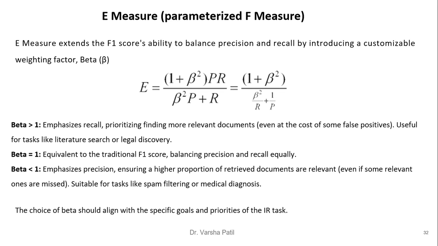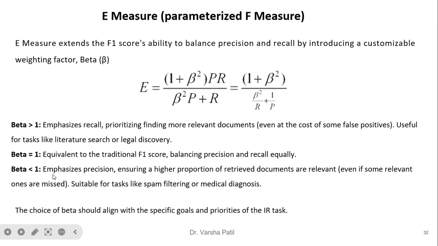F-beta measure extends the F1 score's ability to balance precision and recall by introducing a customizable weighting factor beta. So this formula is again modified with the beta. When beta is greater than 1, it emphasizes recall, prioritizing finding more relevant documents, useful for tasks like literature search or legal discovery. Beta equal to 1 is equivalent to the traditional F1 score, balancing precision and recall equally.